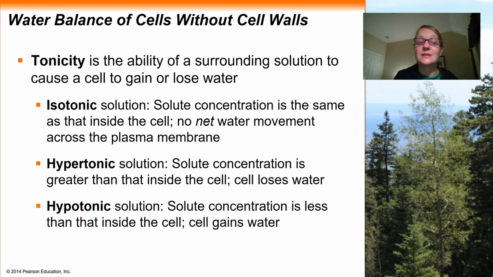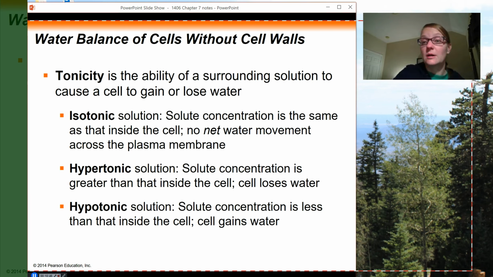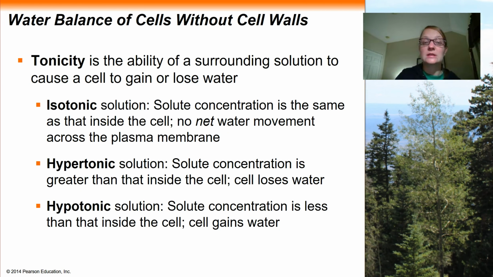Now, the way that we have described isotonic, hypertonic, and hypotonic has been all in this context of putting a cell into one of these different types of solutions. But when we look at tonicity, we can look at it essentially as a way of comparing two solutions on either side of a membrane, right?